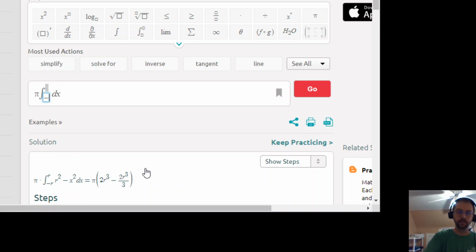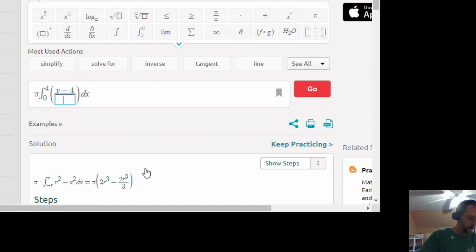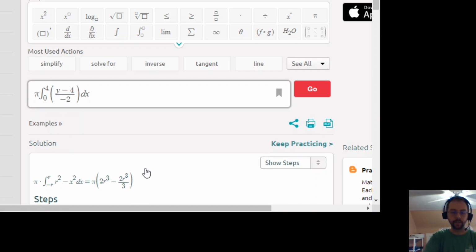And we're going from 0 to 4 of y minus 4 divided by negative 2, and square all of that.